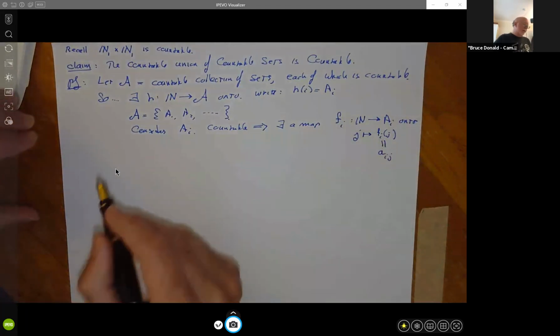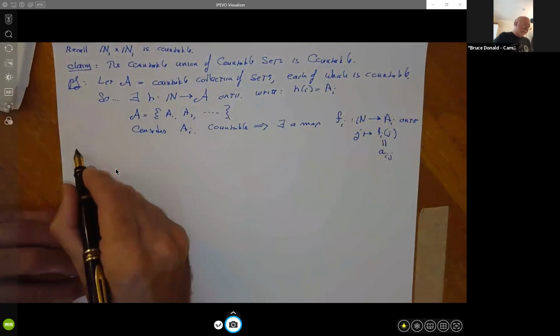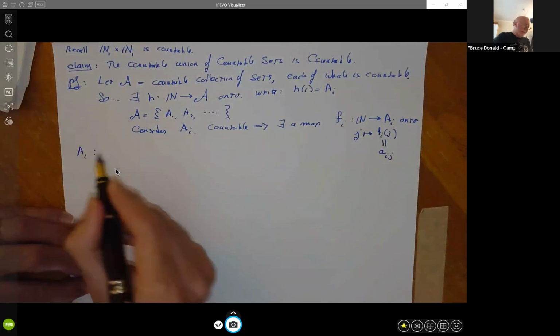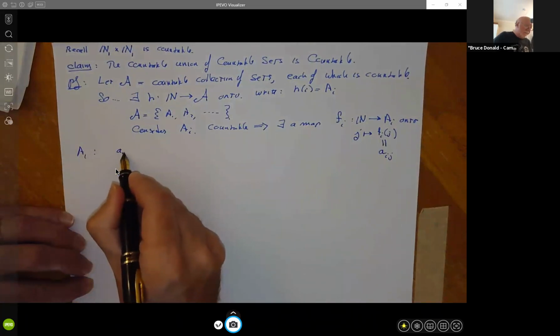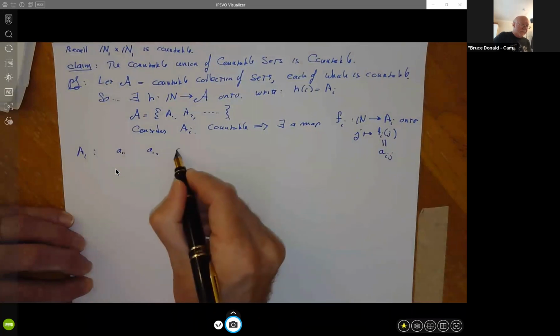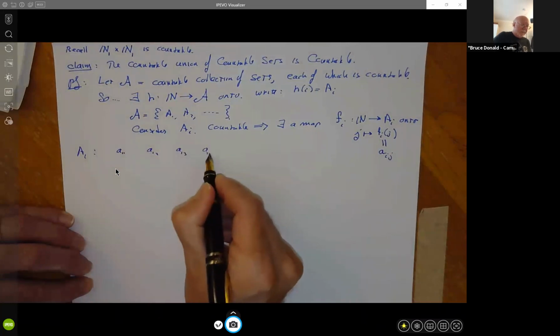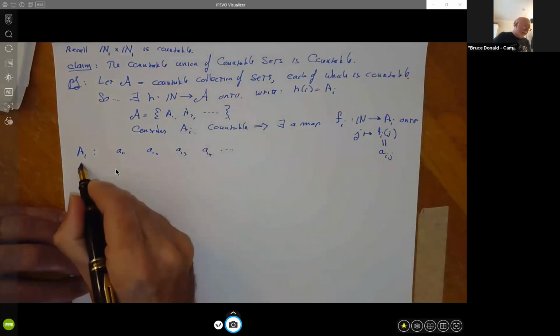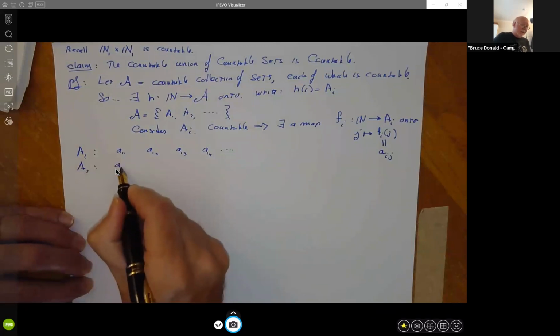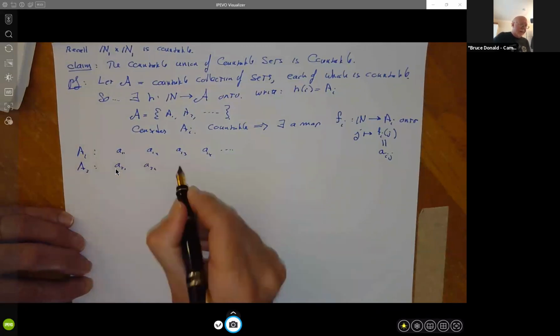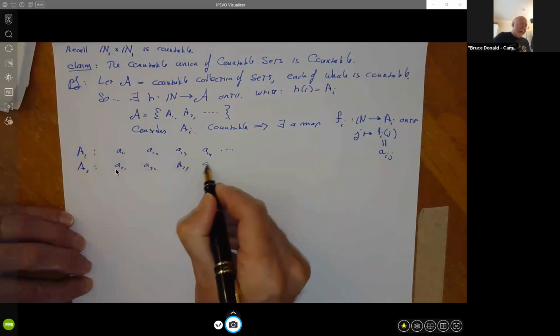Speaking of matrices, let's order the elements like this. So here's A1, and I have a11, a12, a13, a14, all the way to infinity. I have A2, I have a21, a22, a23, a24.